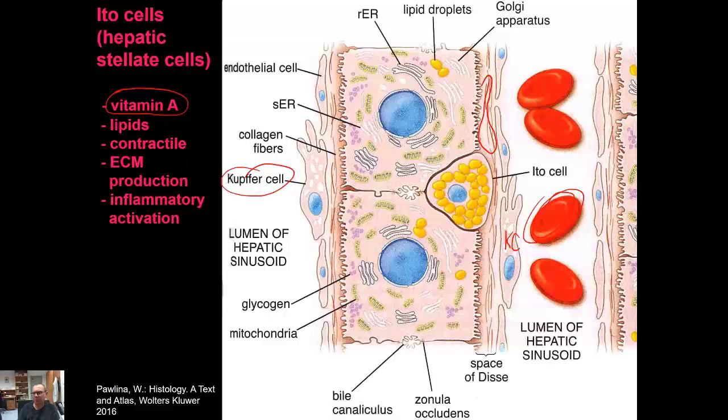Ito cells are probably responsible for the cirrhosis, for the production of extracellular matrix, for the activation of the cells during some inflammation. Cirrhosis is frequently a result of the previous hepatitis, inflammation.